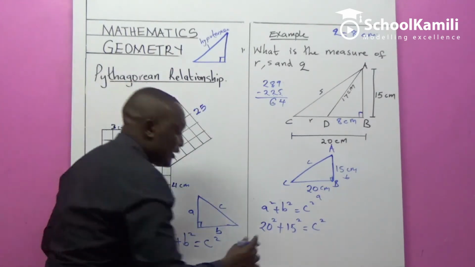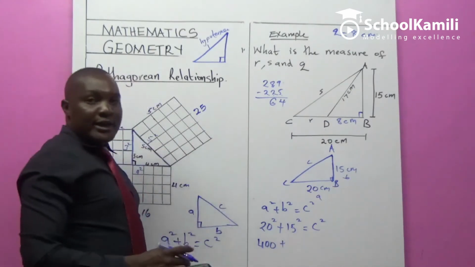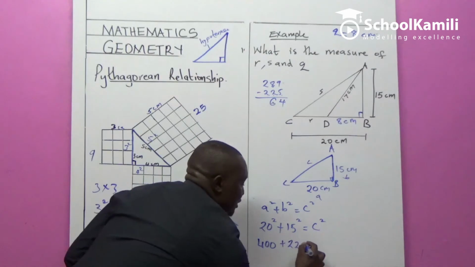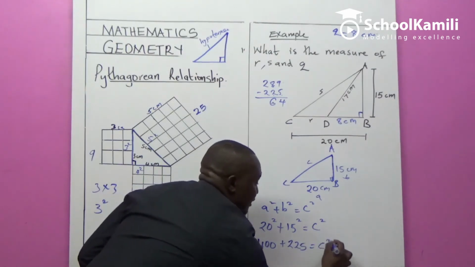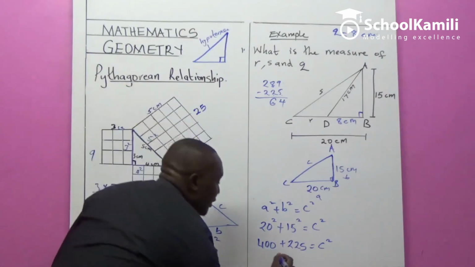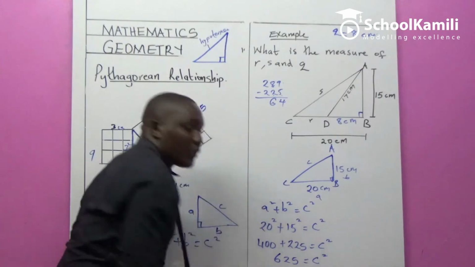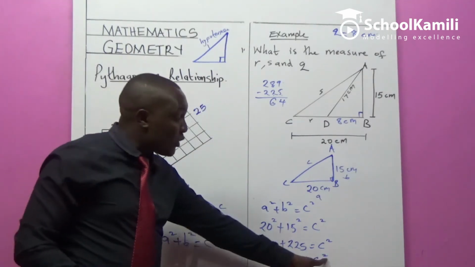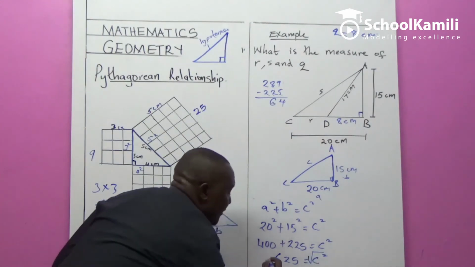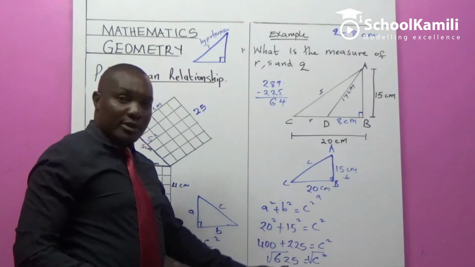20 squared, that's 20 multiplied by 20. You know it's supposed to be 400. 15 multiplied by 15 is 225. 400 plus 225 will be 625. Should give us C squared. But we don't want C squared, we want C. So get the square root of both sides.